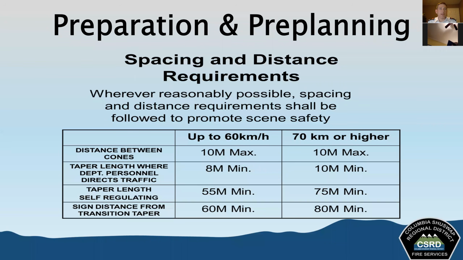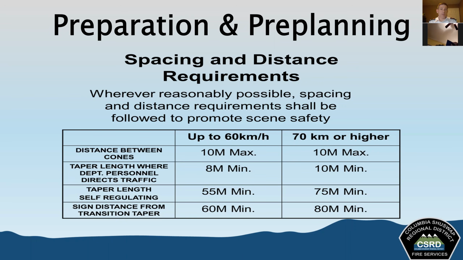If you look at the taper lengths here, you can see there's a difference between the taper length when there's department personnel directing traffic, and a different taper length when it's being self-regulated, right? If somebody is directing traffic, the taper length can be much shorter than if it's self-regulating traffic. Again, that's because of the effectiveness of personnel.